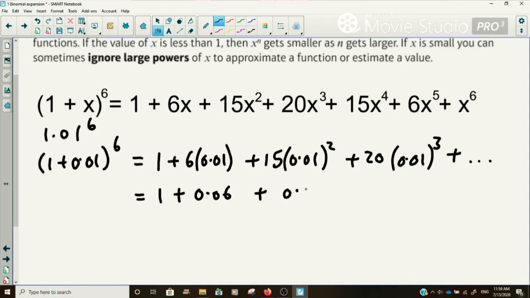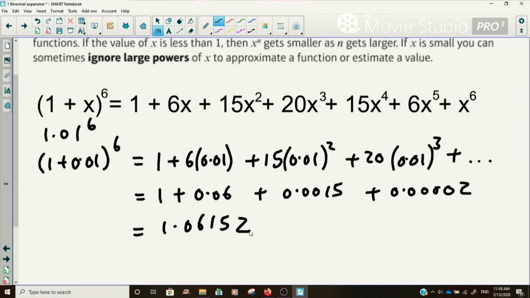Third term is 0.0015. And the fourth term is 0.00002. Okay, so we get a value of 1.06152.